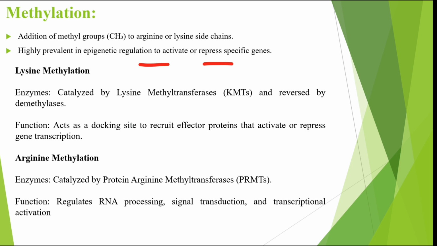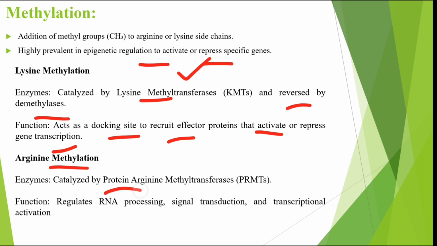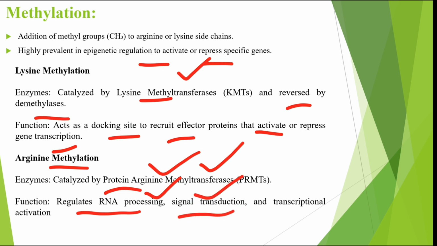There are two types of methylation. Lysine methylation is catalyzed by lysine methyltransferases and reversed by demethylases. It acts as a docking site to recruit effector proteins that activate or repress gene transcription. Arginine methylation is catalyzed by protein arginine methyltransferases. It regulates RNA processing, signal transduction and transcriptional activation.